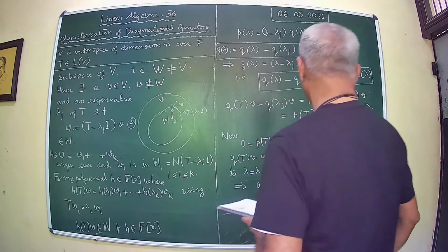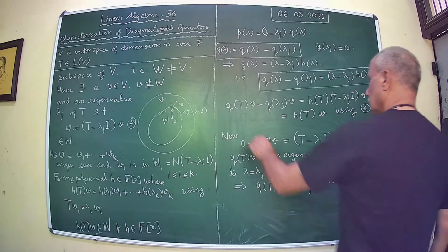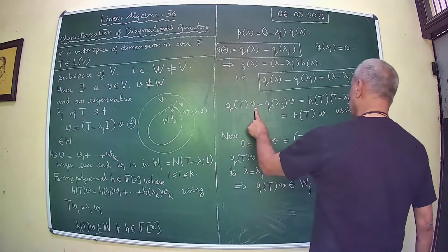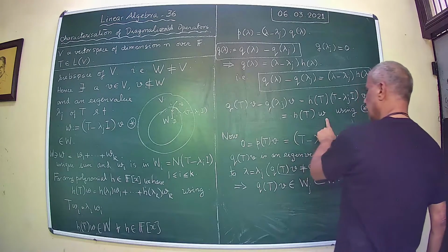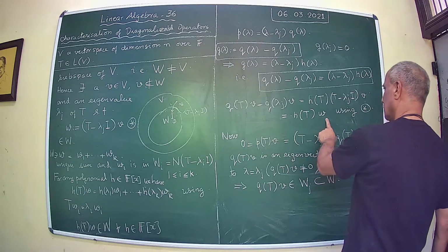Therefore we have a few things now. QT v belongs to W, HT w certainly belongs to W. Okay?